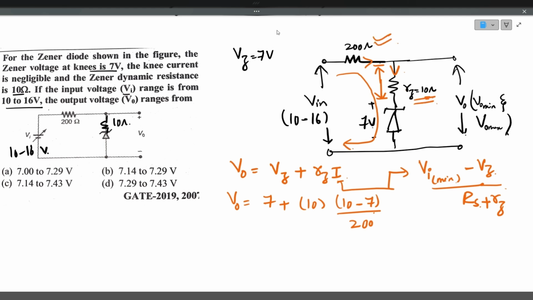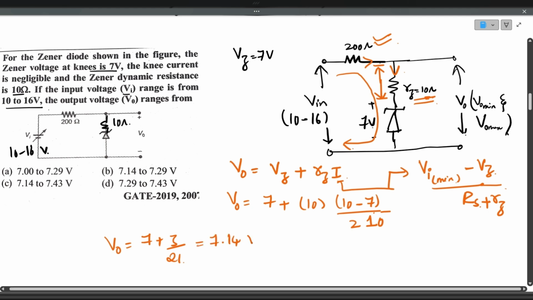So it will be 210 ohms. Hope this is clear. So output voltage V0 is equal to 7 plus (10 minus 7) which is 3, divided by 210, so 7 plus 3 by 21 is equal to 7.14 volts.